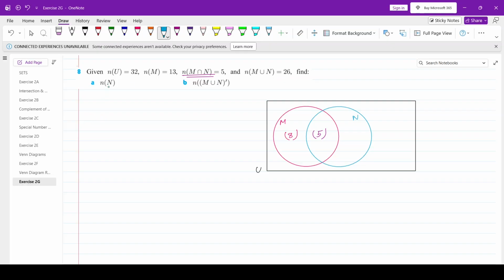Now we know the number of elements in M union N is the number of elements in M plus the number of elements in N minus the number of elements in M intersection N. By putting the values, this is going to be 26, this is going to be 13, this we do not know, and this is going to be 5.